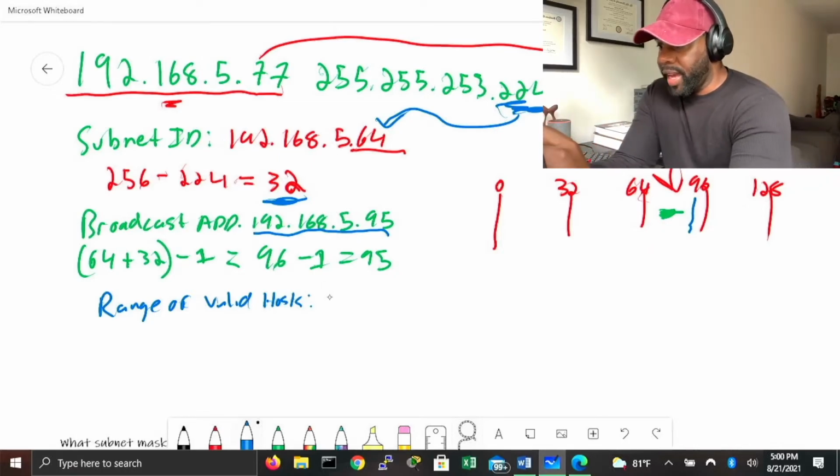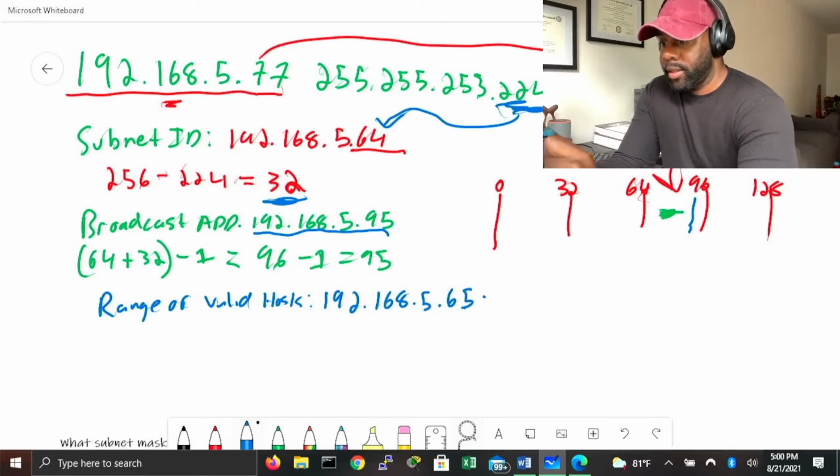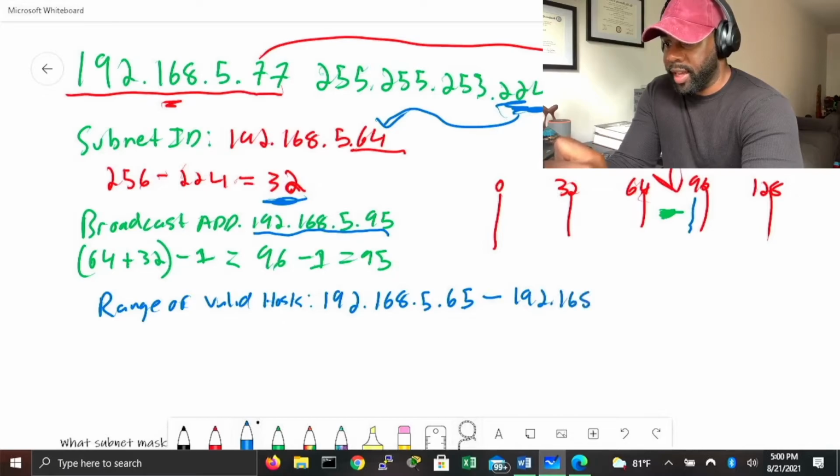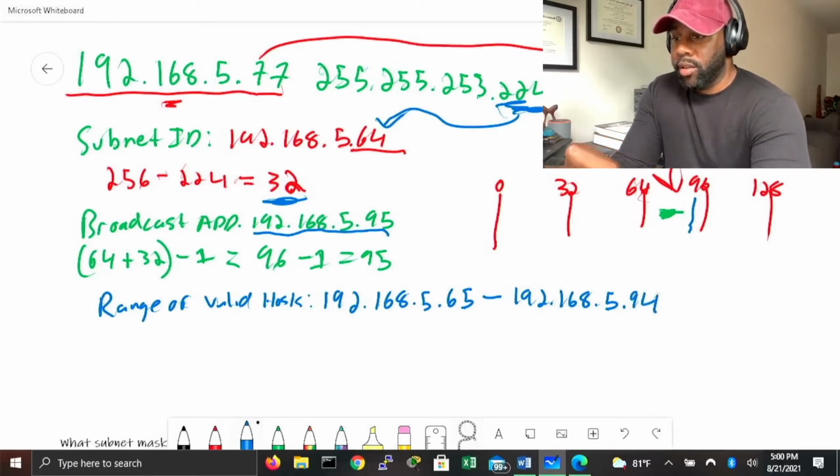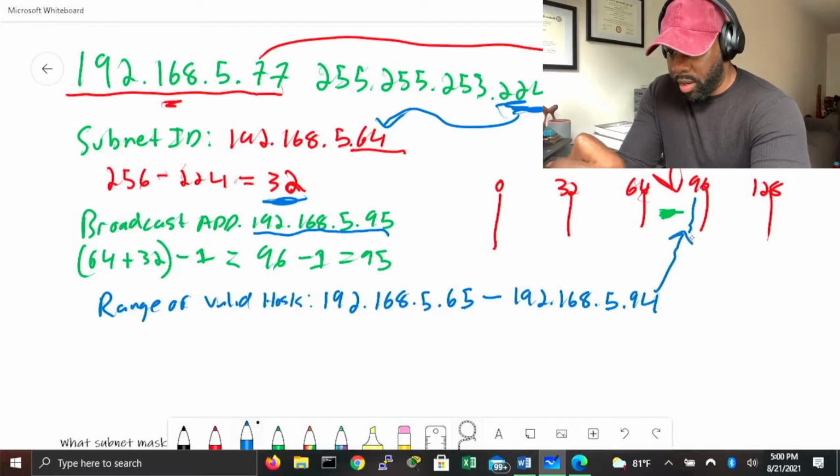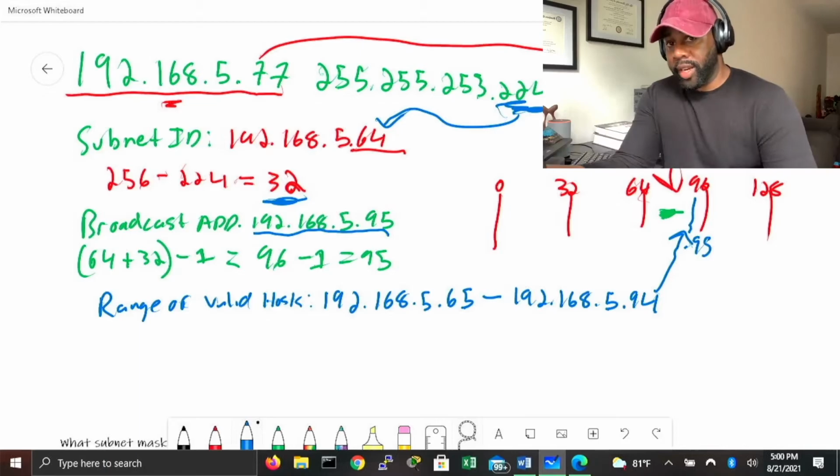So the first IP address is going to be 192.168.5.65, and it's going to go to 192.168.5.94, which is right before the broadcast address.